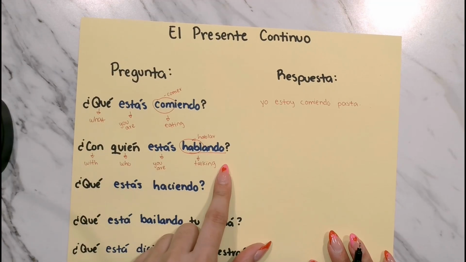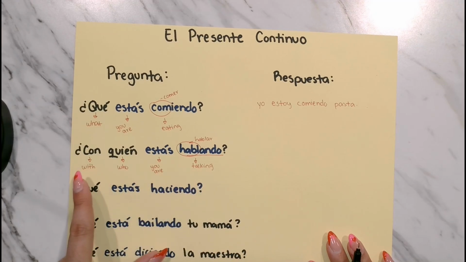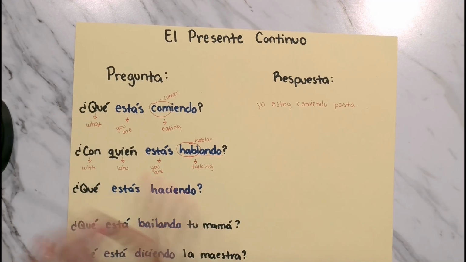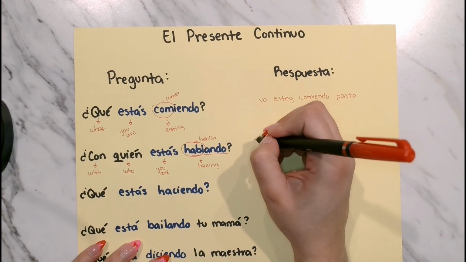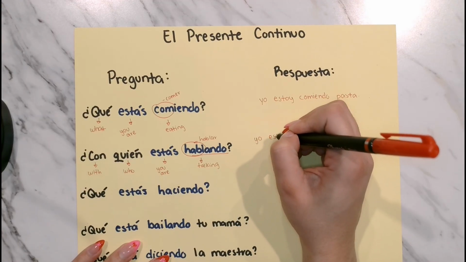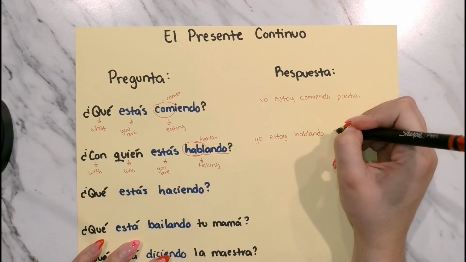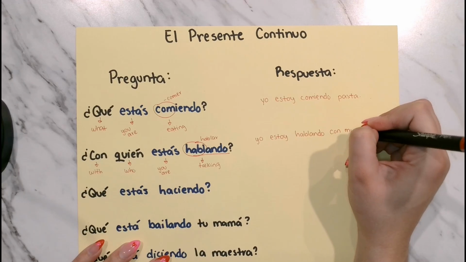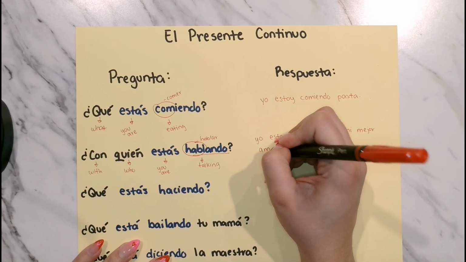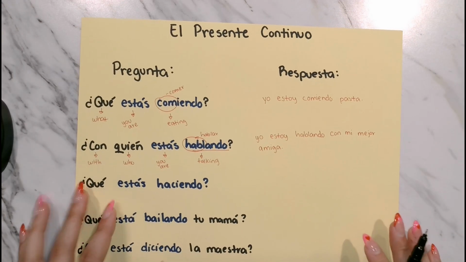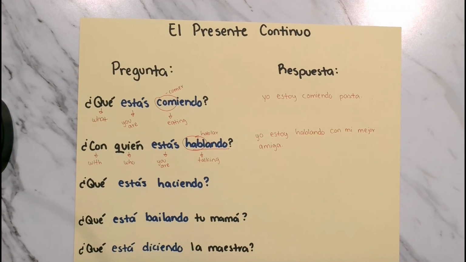Con, with, is at the end, but in Spanish it is at the beginning. ¿Con quién estás hablando? With who are you talking? Who are you talking with? Okay? So we have yo estoy hablando con mi mejor amiga. I am talking with my best friend. Okay?